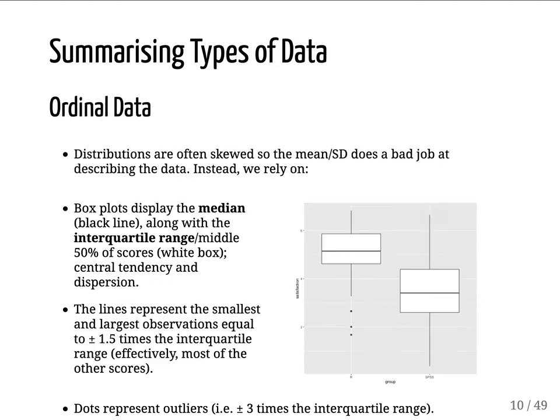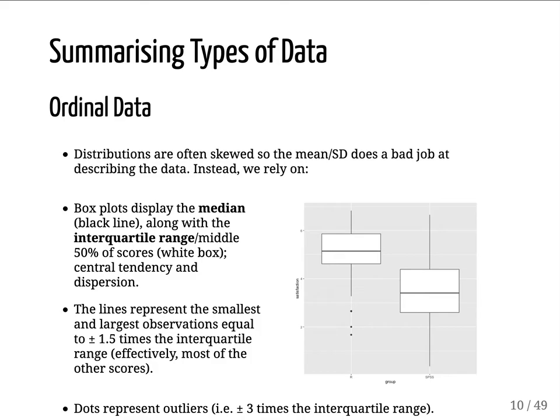So it's really simple. If I had ordinal data instead, this can be a bit problematic for me to summarize using the mean and standard deviation, because that generally makes some assumptions about the distribution of the data that aren't being met when I have skewed data. What I mean by skewed data is, let's say I've got maybe a bounded scale.